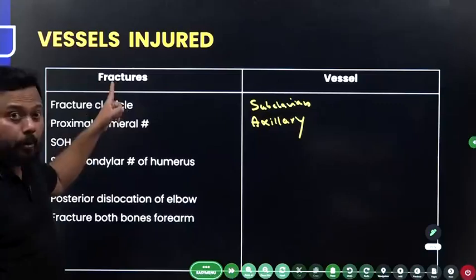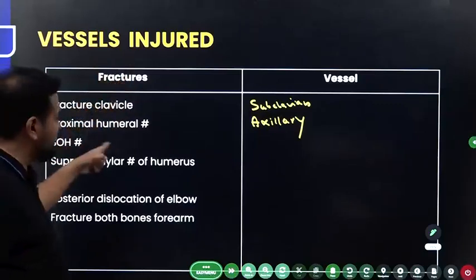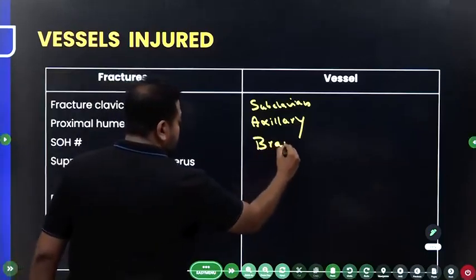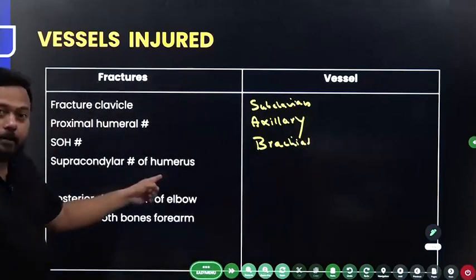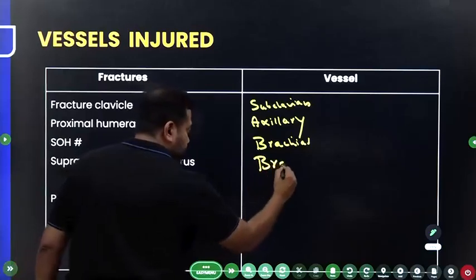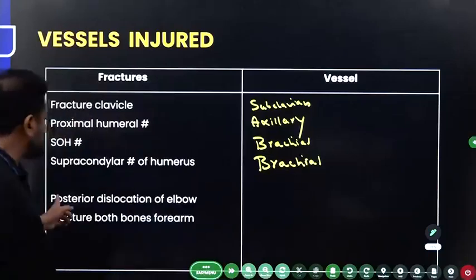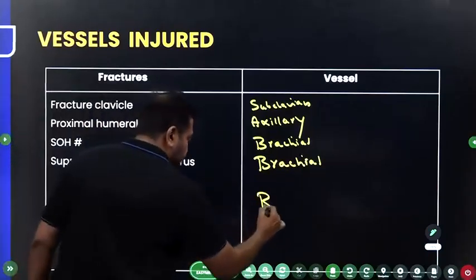We are talking about only blood vessel, not nerve. Most common blood vessel involved in shaft of humerus is brachial. Most common vessel damaged in supracondylar fracture, brachial. Most common vessel damaged in posterior dislocation elbow, brachial.